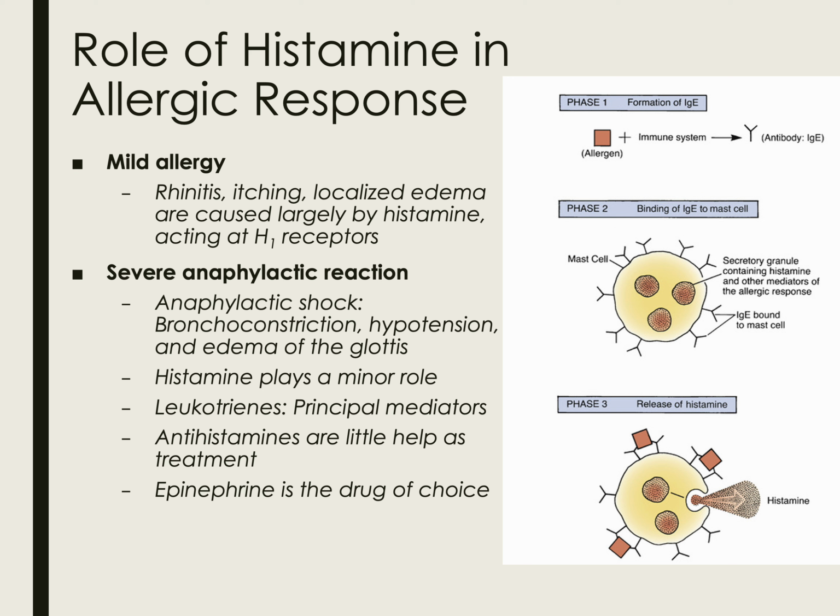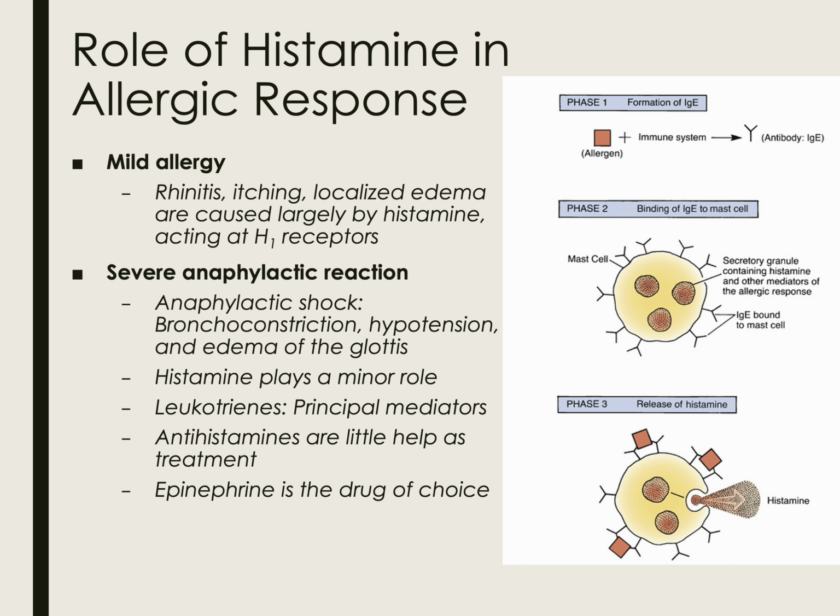This allergic release of histamine requires prior exposure to the allergen, and an allergic reaction can't occur during the initial allergen exposure. So, if you are having a reaction, this is not the first time that you've been exposed to that specific allergen.